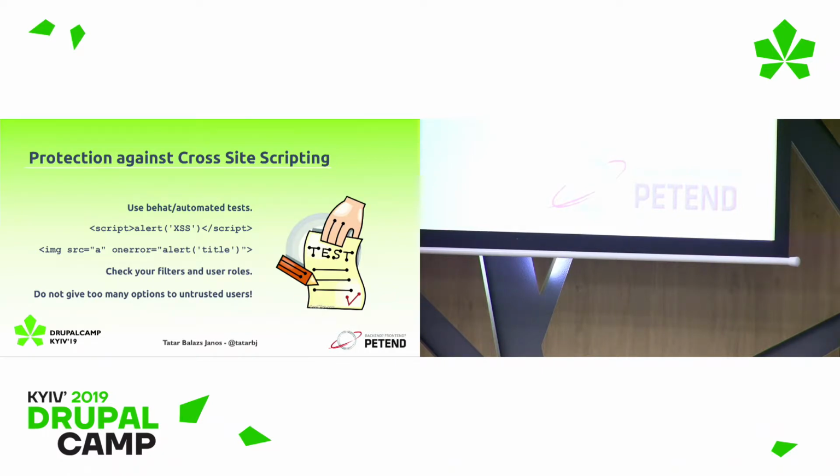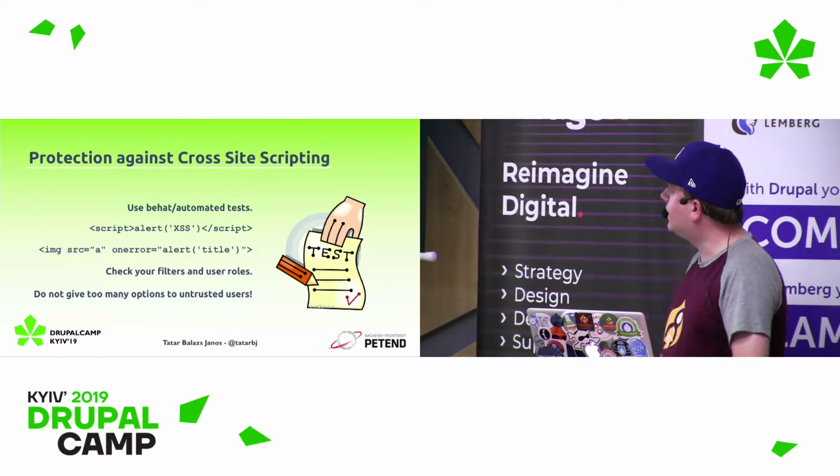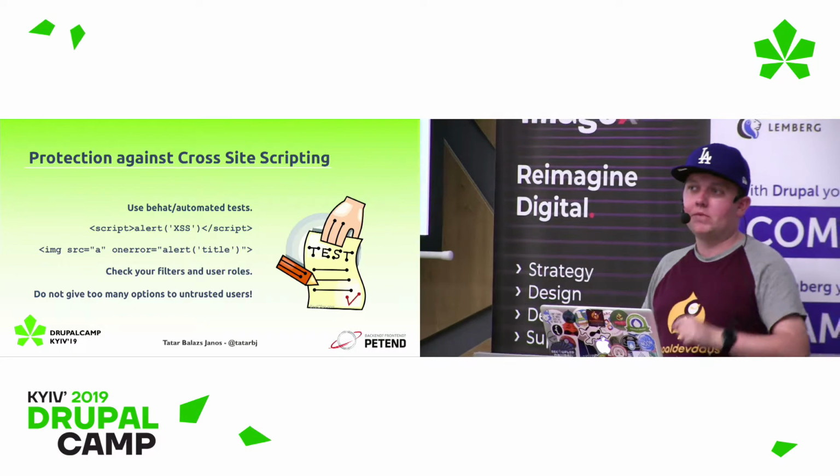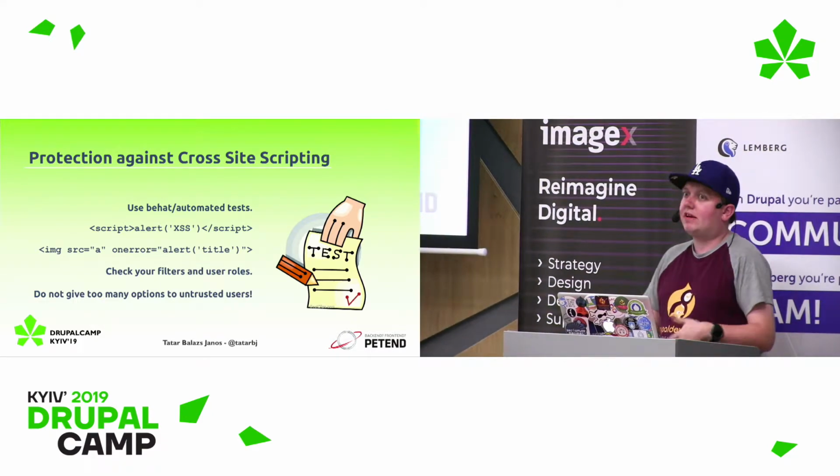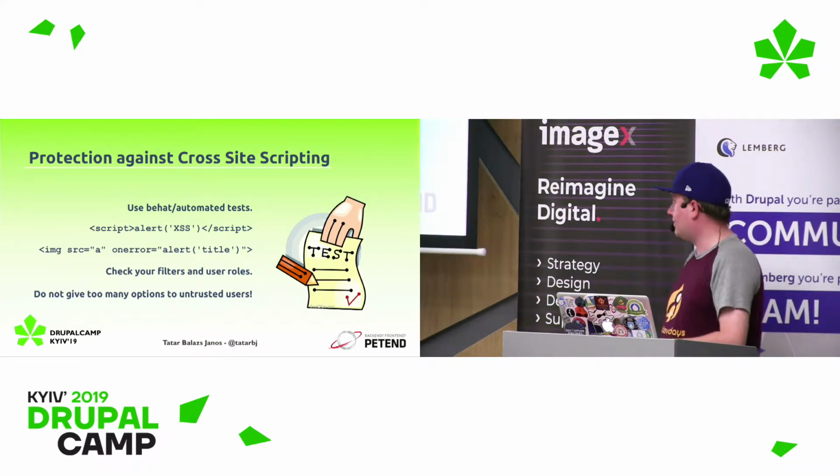Put them one by one in a Behat scenario to all user inputs, hit the save button, or load or reload the page where those things will be inserted. If there is a pop-up, then you are vulnerable, and you need to fix it.